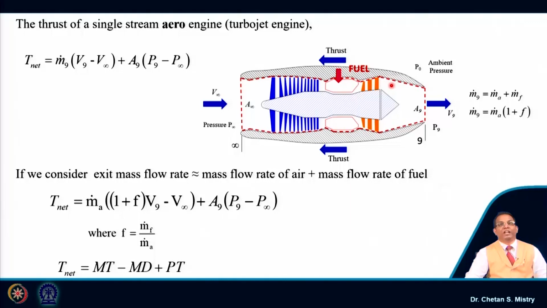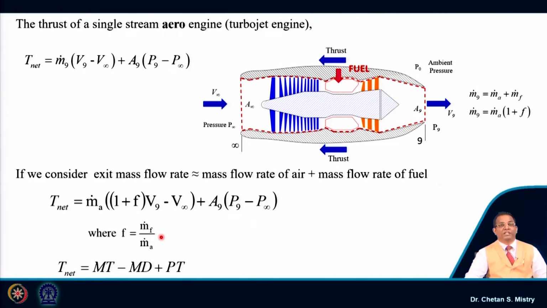After that it will be entering my nozzle. So, my exit mass flow rate under this scenario, I will be writing as m dot a plus m dot f, and this I am representing as m dot a into 1 plus f, where f is the fuel air ratio, mass flow rate of fuel divided by mass flow rate of air.